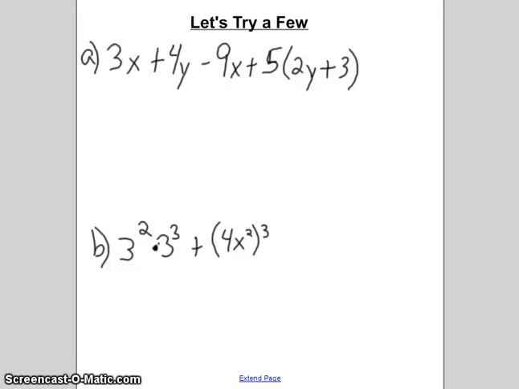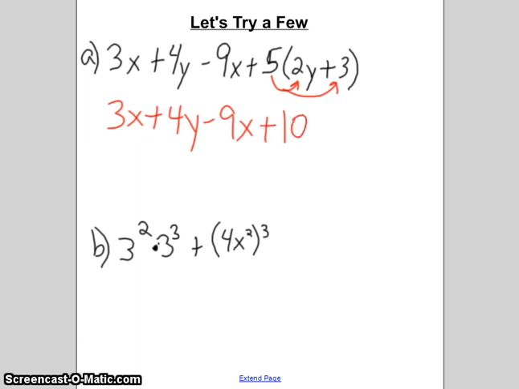So let's look at just a few examples of simplifying. When I look at my problem, I do want to remember order of operations. So if I have it here, I first want to look at this distribution. So I'm going to take the 5 and distribute it to both of these terms. So now I have 3x plus 4y minus 9x plus 10y plus 15.